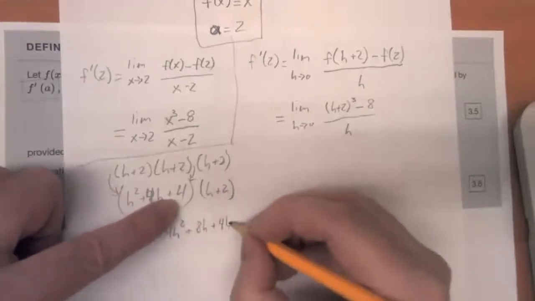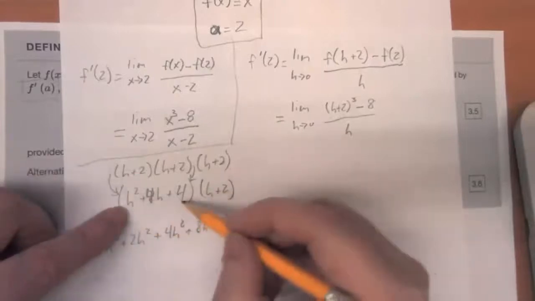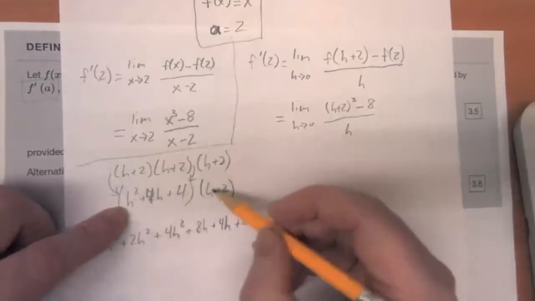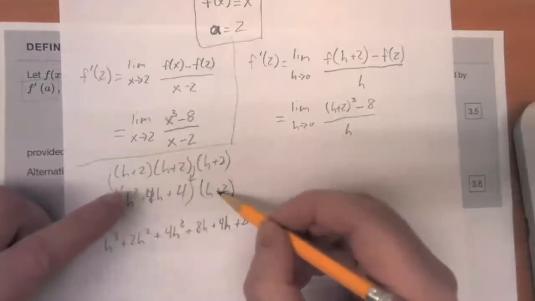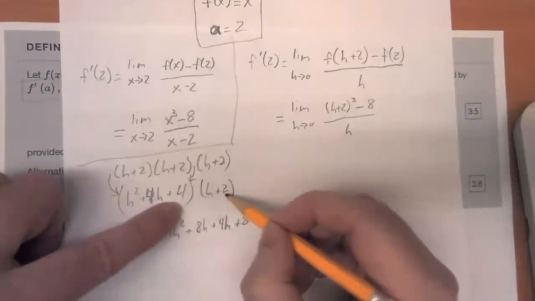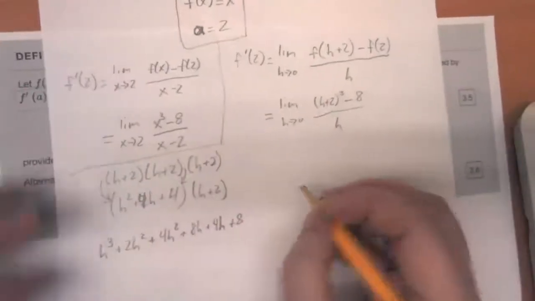And 4 times 2 is 8. So notice that I multiplied each one of these 3 terms by each one of these 2 terms. And using a FOIL-ish kind of technique, I just made sure that I counted each one of them. I didn't double count any of them. I didn't miss any. So now we can combine our like terms.